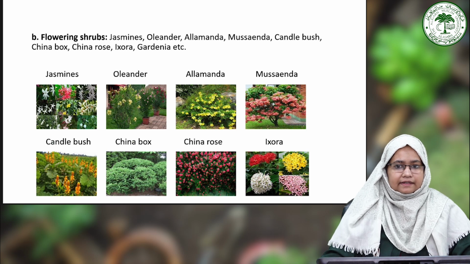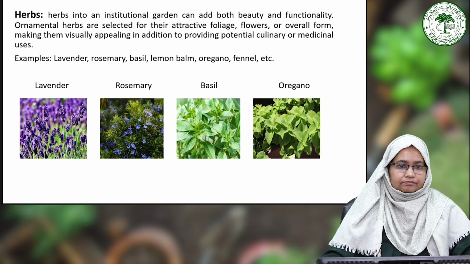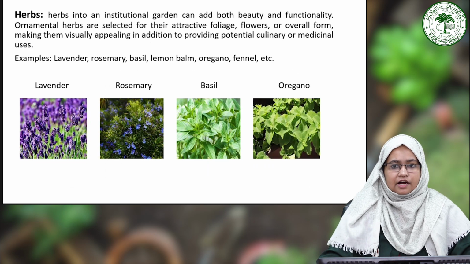Then next is flowering shrubs like jasmines, oleander, allamanda, mussaenda, candlebrush, china box, china rose, ixora. All these are beautiful flowering shrubs. They also add color in the gardens. Then herbs.